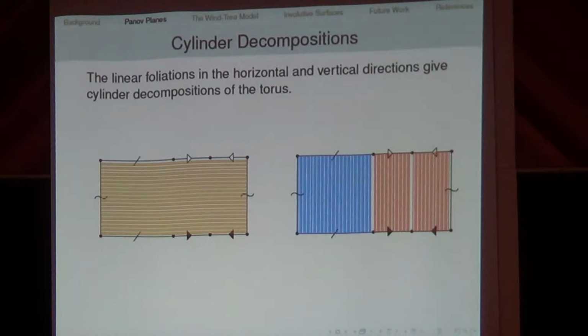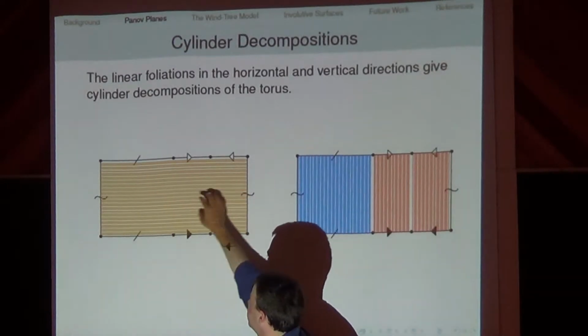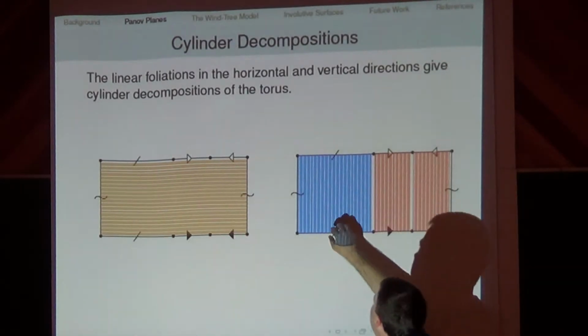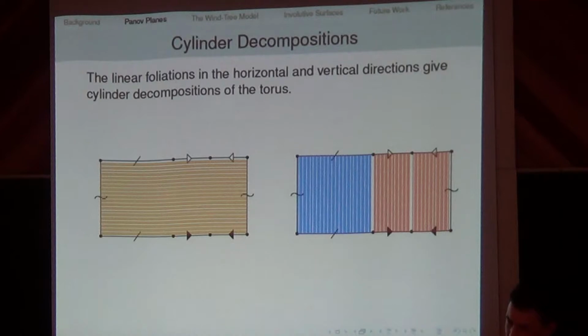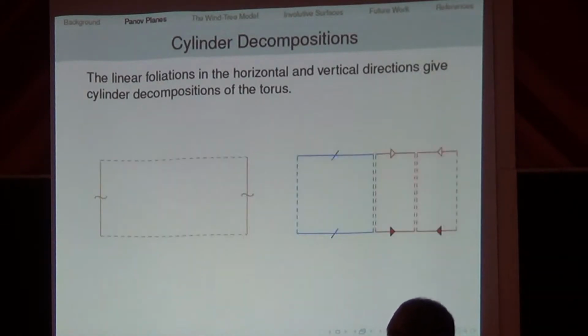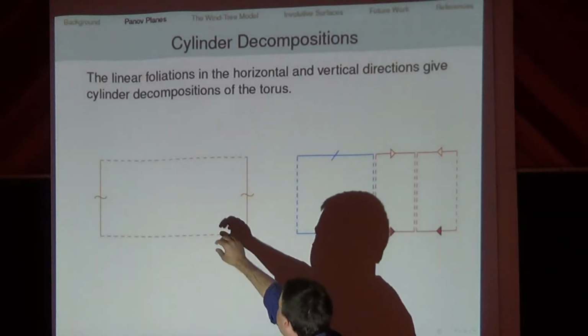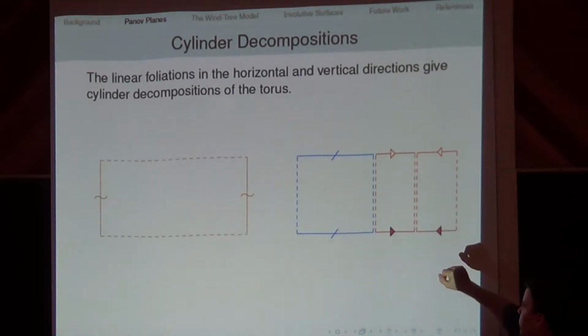To talk about Dehn twists, you need cylinders. The most natural cylinders, I guess, are the horizontal cylinder here, so this horizontal foliation, and this vertical foliation. These give you one cylinder in the horizontal direction and two cylinders in the vertical direction.